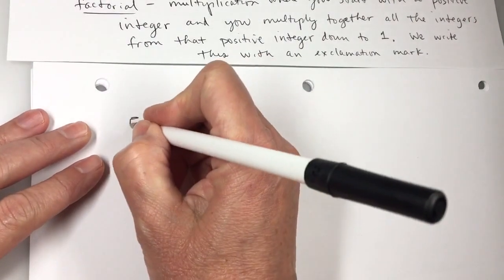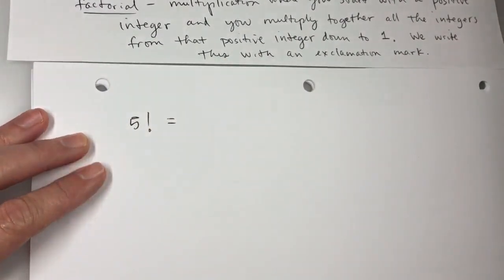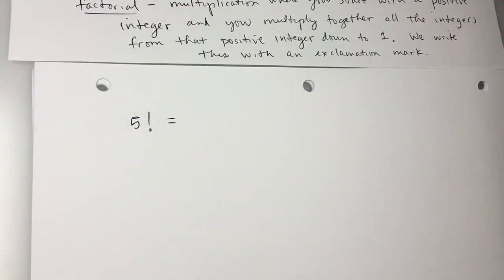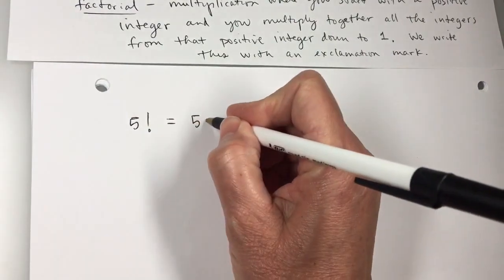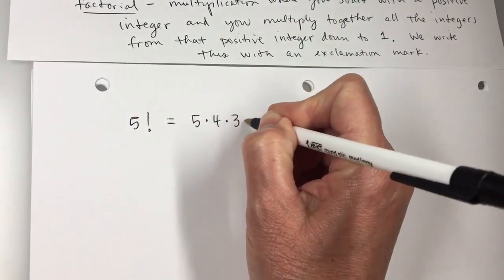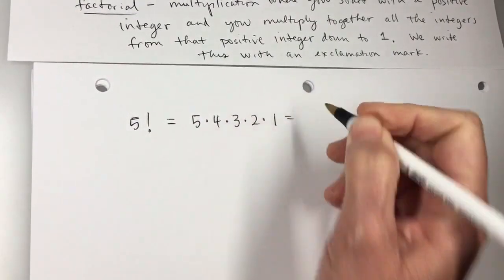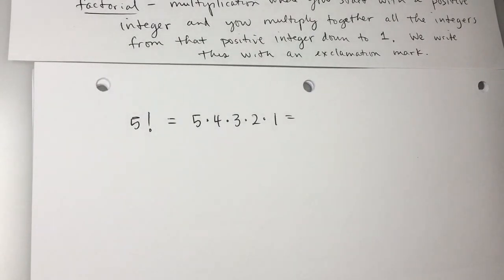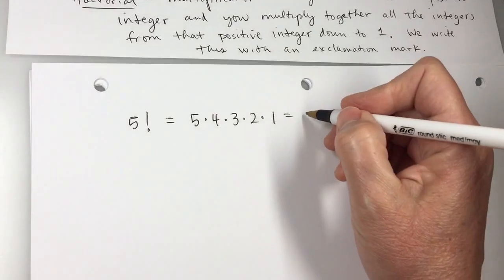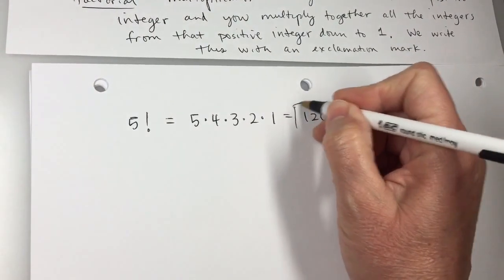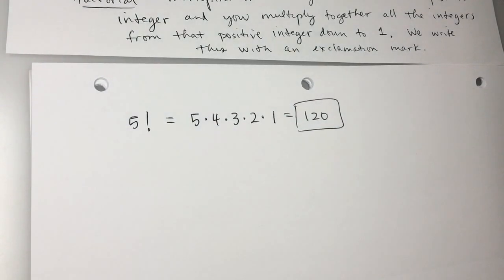If I want to do 5 factorial, I would read it as 5 factorial. Then that's 5 times 4 times 3 times 2 times 1. And if you get your calculator out, you can multiply it. And actually your calculator probably has a factorial key, but that's going to be 120.